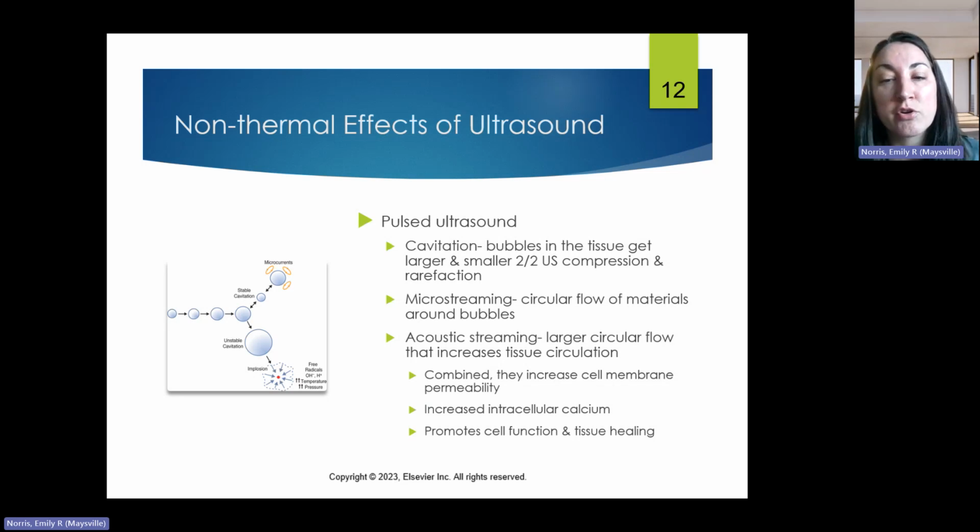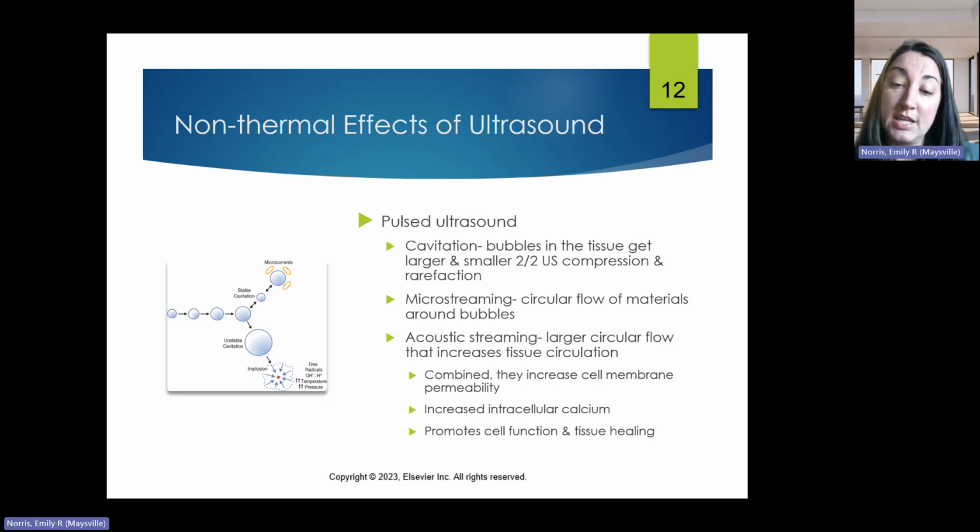Microstreaming causes a circular flow of materials around those bubbles. And then acoustic streaming is basically a larger flow, and it can increase tissue circulation, which you want to promote tissue healing. Combined, all three of these, the cavitation, the microstreaming, and the acoustic streaming, increase the cell membrane permeability.